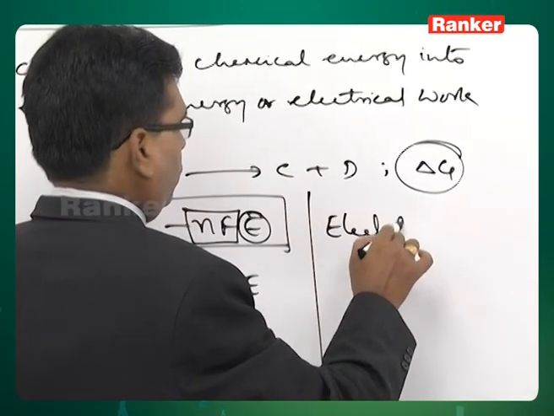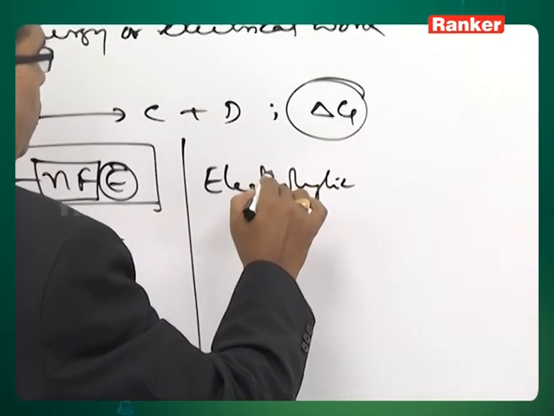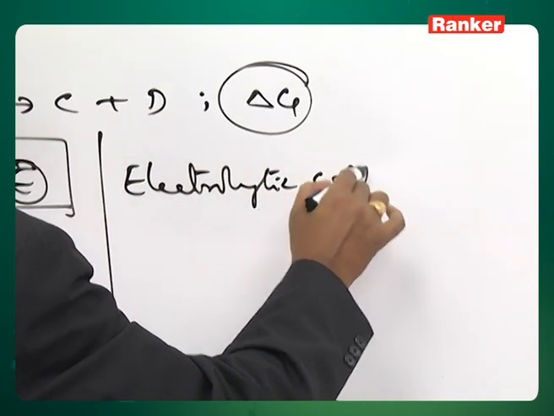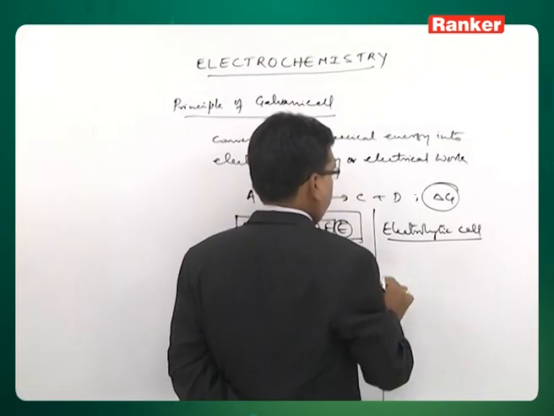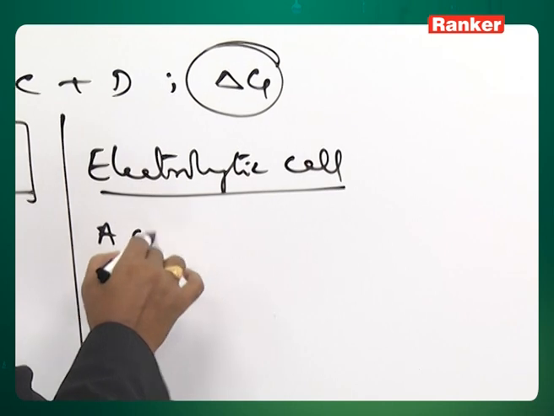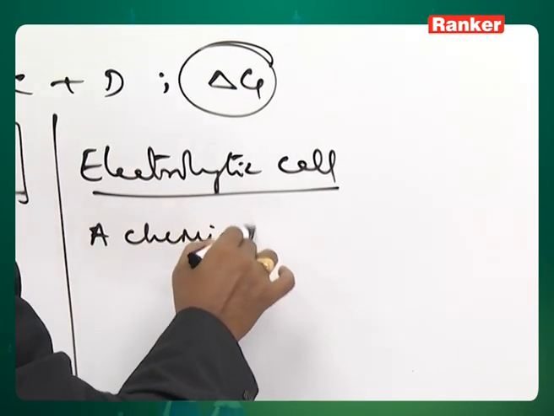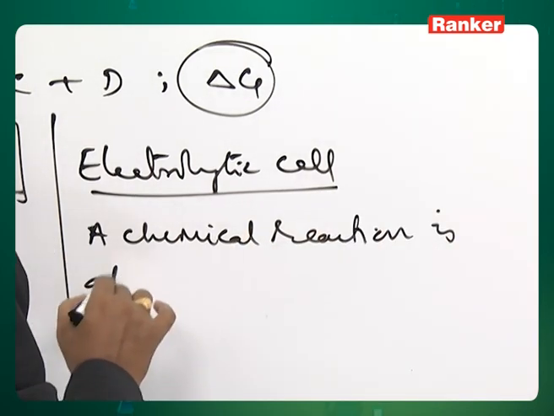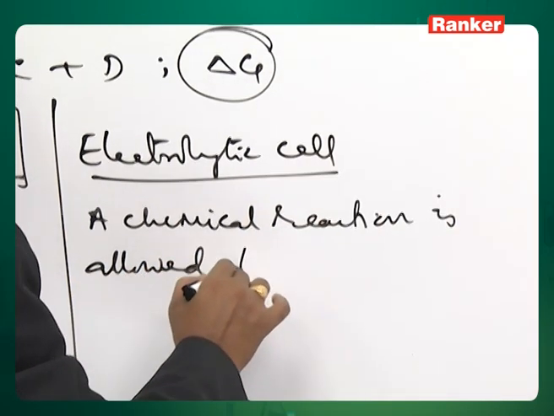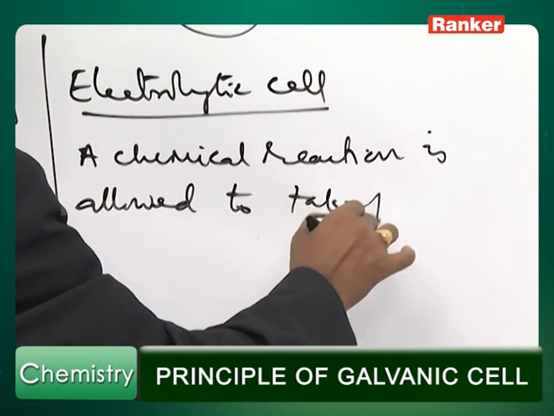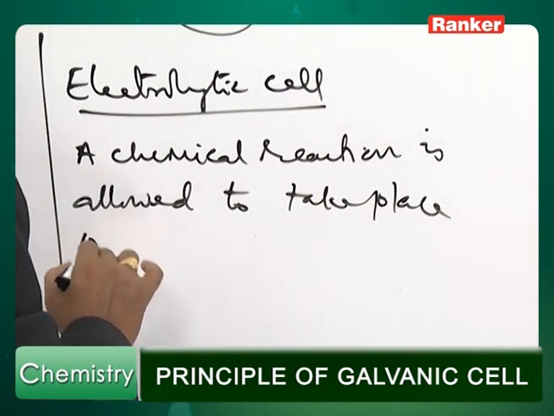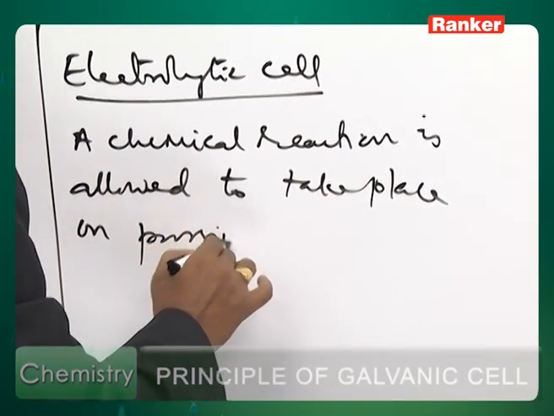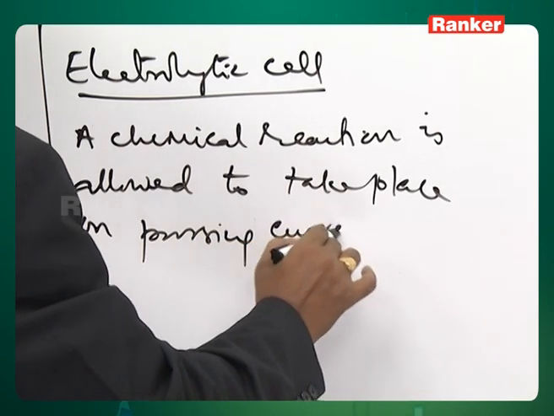An electrolytic cell is the one in which a chemical reaction is allowed to take place on passing current.